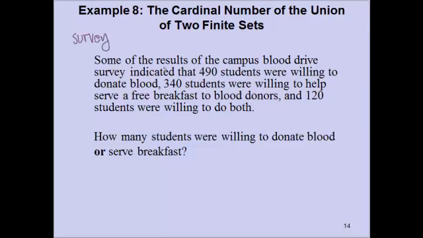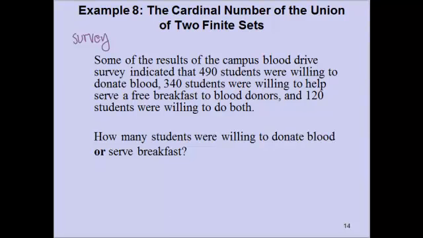Some of the results of the campus blood drive survey indicate that 490 students were willing to donate blood. 340 students were willing to help serve a free breakfast to the blood donors, and 120 students were willing to do both. How many students were willing to donate blood or serve breakfast?